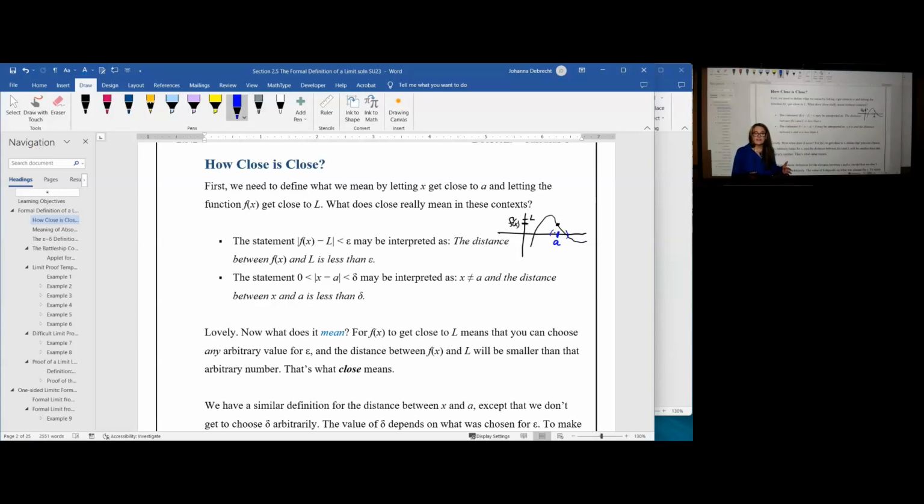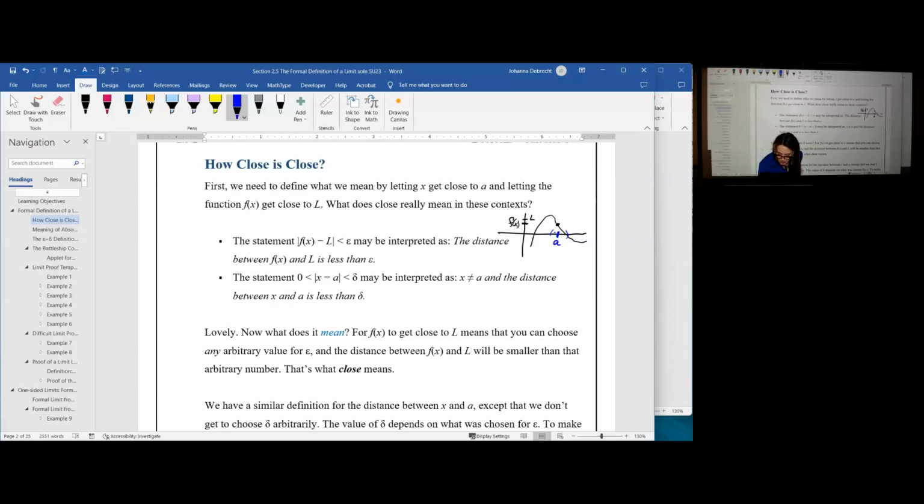Maybe the function is defined there, but maybe it's not. Maybe it's a hole or a displaced point where the limit still exists, but the function does not. When we're looking at this, we want to know how far away from the a I could be so that my f of x is within epsilon of L. So when I'm looking at this particular one right here, I can tell that my epsilon would have to be pretty large.